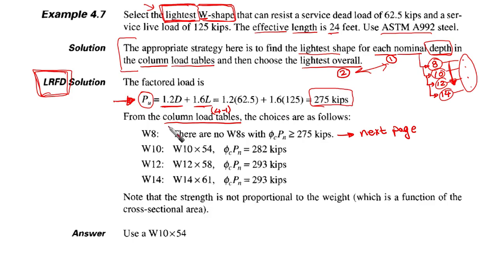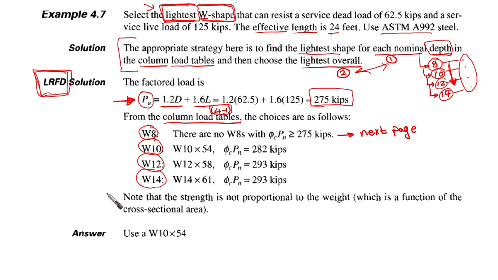From the column load tables, which is Table 4-1, we're talking about wide shapes here, or wide flanges. So the choices are as follows. As I said, this is the nominal depth that can be found in the manual. Please stop the video here and go to your manual and check what I'm saying.